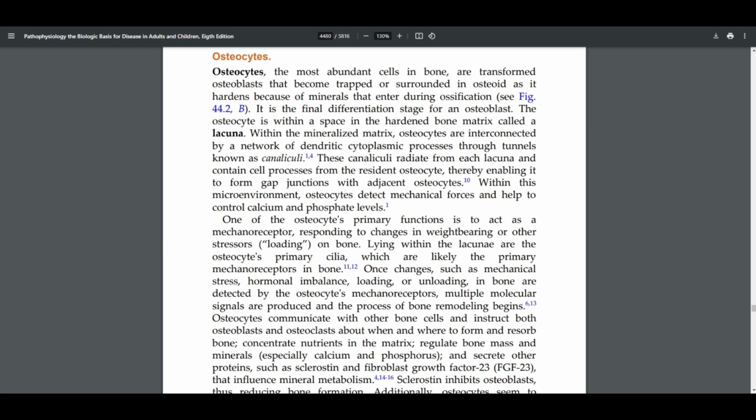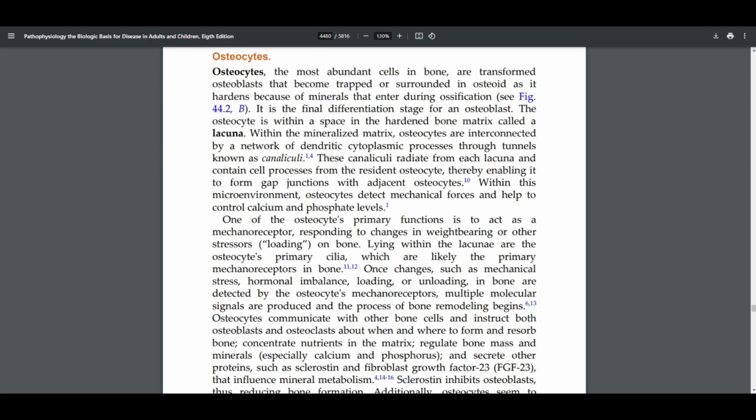Within the mineralized matrix, osteocytes are interconnected by a network of dendritic cytoplasmic processes through tunnels known as canaliculi. These canaliculi radiate from each lacuna and contain cell processes from the resident osteocyte, thereby enabling it to form gap junctions with adjacent osteocytes.